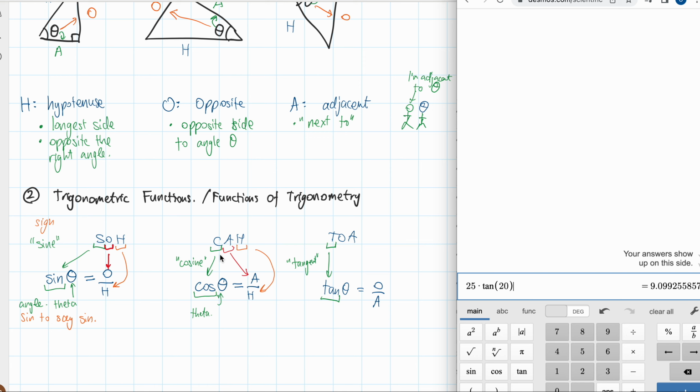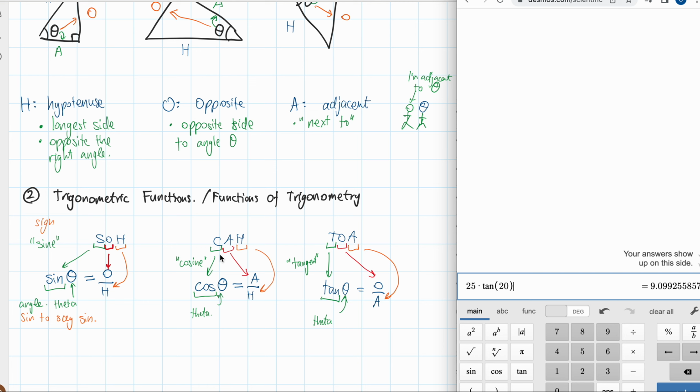We have our theta here, the angle. Then we've got our opposite side as a numerator, and the adjacent side as the denominator. So this pattern holds for all of them, right? As you can see, these are our three trig functions.